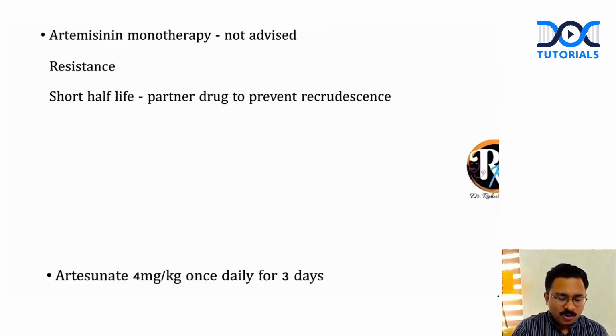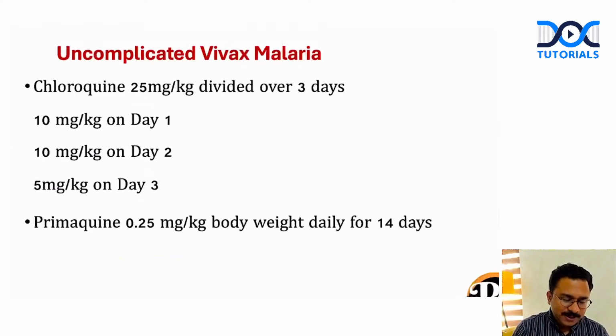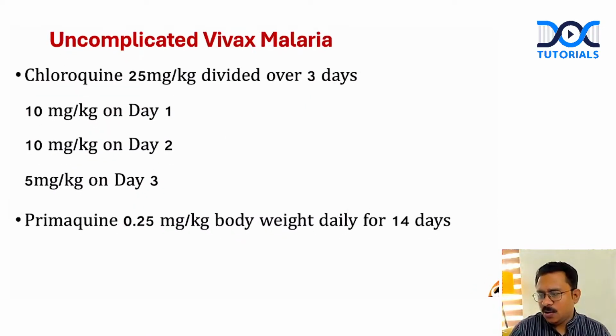But as I go through the comments, I'll give you an overview about the management of Vivax and falciparum. In case of Vivax malaria, number one, you can give chloroquine. Correct or not? You can give chloroquine, which is given 25 mg per kg divided over 3 days. 10 mg per kg on day 1, 10 mg per kg on day 2, and 5 mg per kg on day 3.